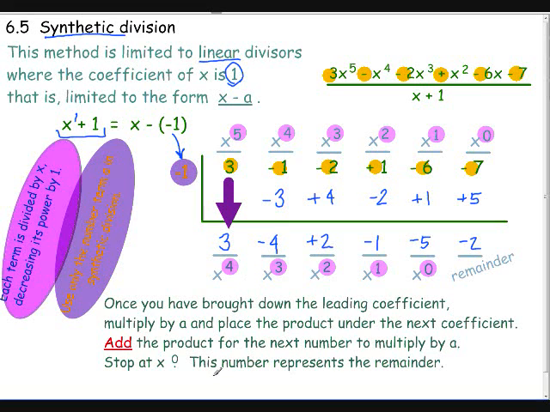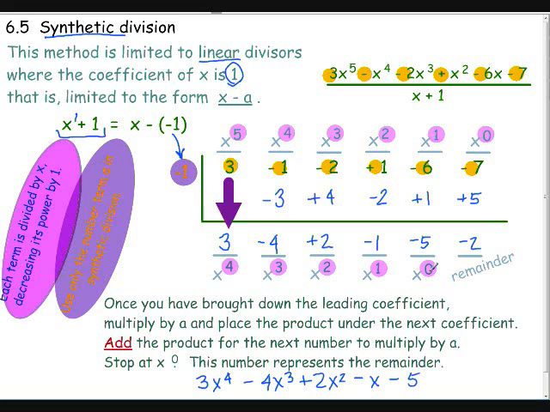And if I go to write this out, it's going to look like this. 3x to the 4th minus 4x to the 3rd plus 2x to the 2nd minus x, that's 1x to the 1st, minus 5.